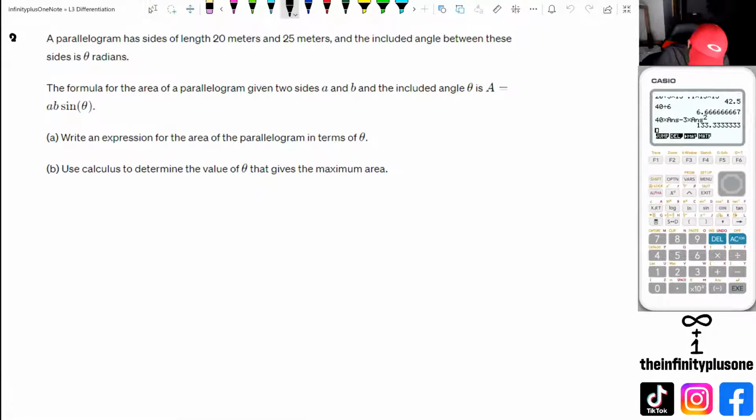So this actually says area equals AB sine theta. All right, let's see. I'm going to try and see if I can find another question. Germination rate.